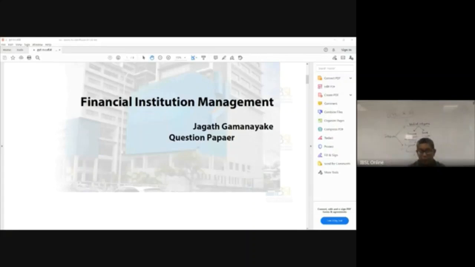That means the deposit base of NTB is less than NDB. Now say NTB is going to improve their deposit base. They are going to use some strategy. The strategy NTB uses is called cost leadership.